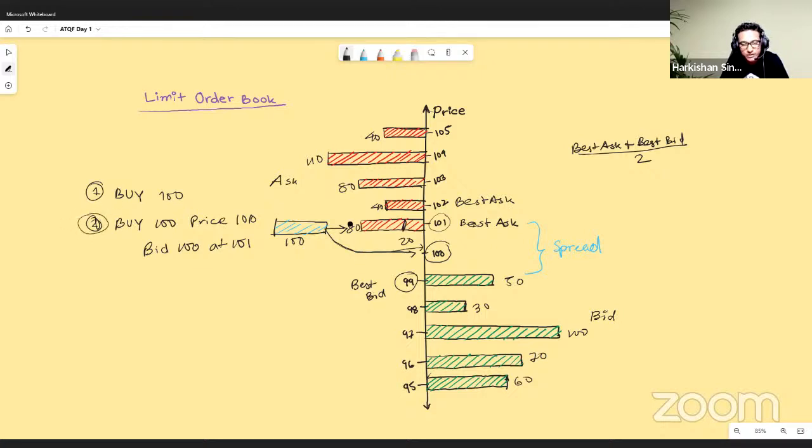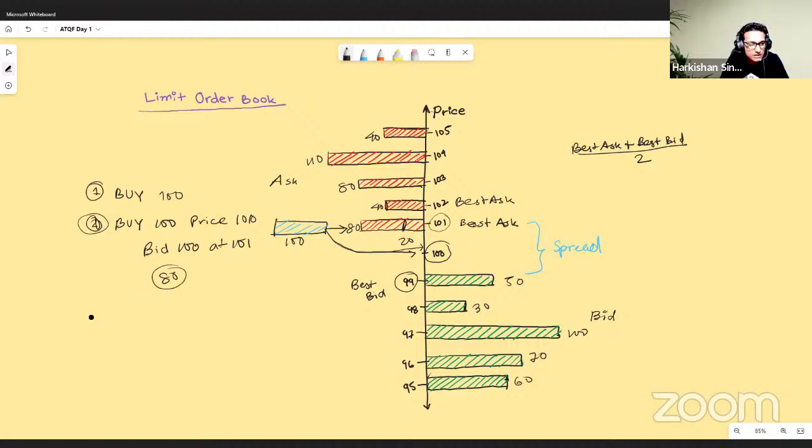This bar gets reduced to 20, and this 20 will remain until an ask comes here and fills this 20. His 20 will remain here. So he got a partial fill of 80. His order is not fulfilled yet.